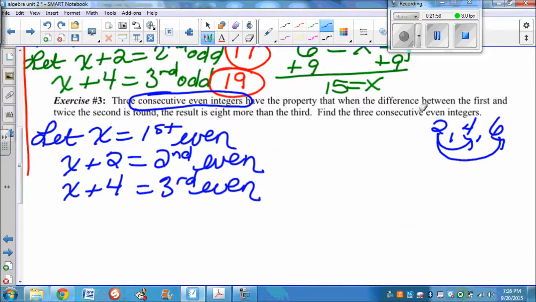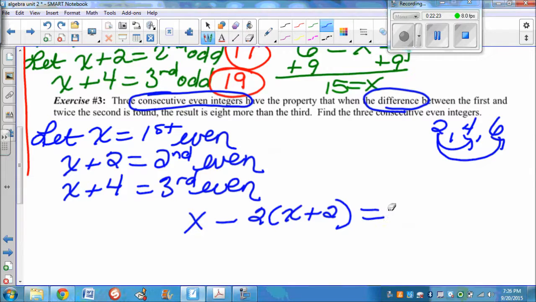I have the property that when the difference, and difference means to subtract, between the first and twice the second is found, the result is 8 more than the third. 8 more means plus.